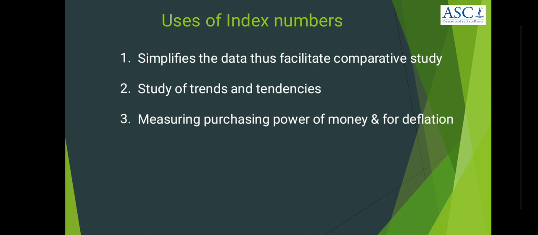Reduction in the price level of items makes the general public lead life comfortably without much burden. By knowing purchasing power of money and deflation, a government can have a better approach in providing a better living condition for its citizens.